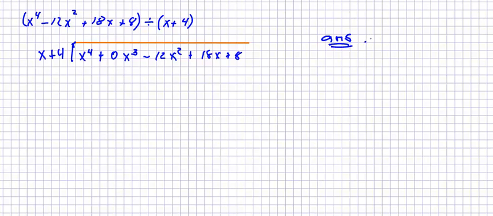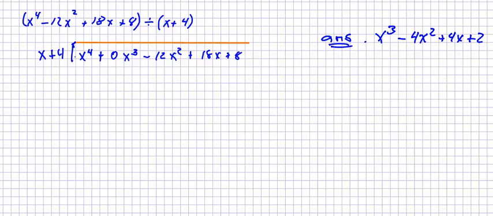Okay, the answer is x to the third minus 4x squared plus 4x plus 2. In this problem, there was no remainder. All right, if you got the right answer, you're all done. Otherwise, please watch the rest of the video.